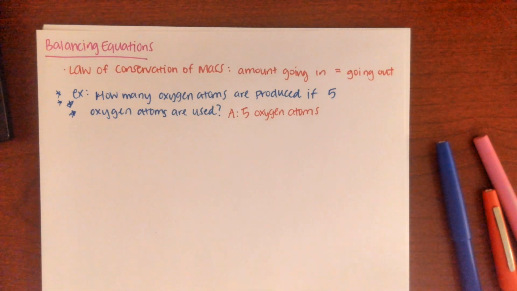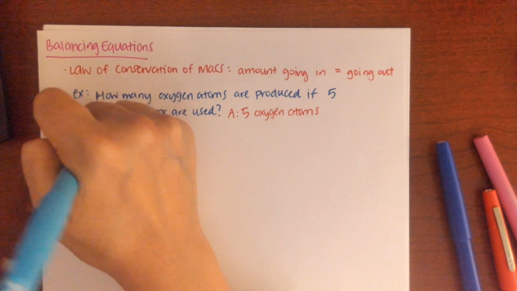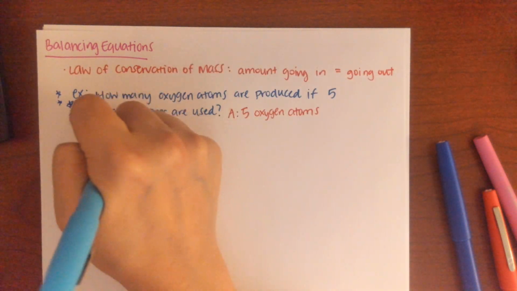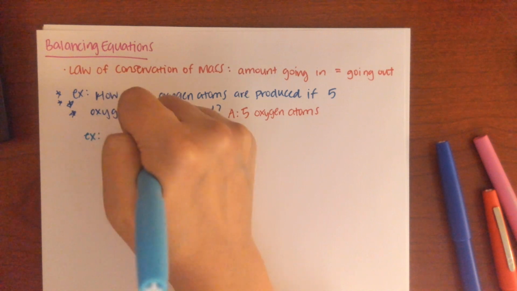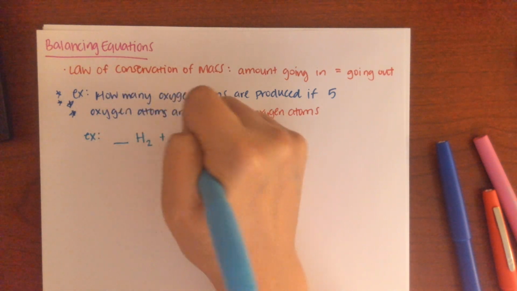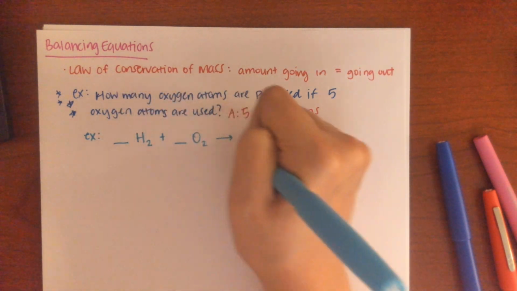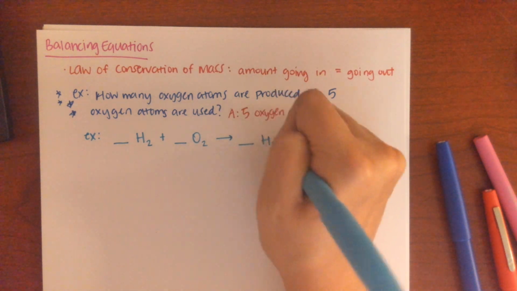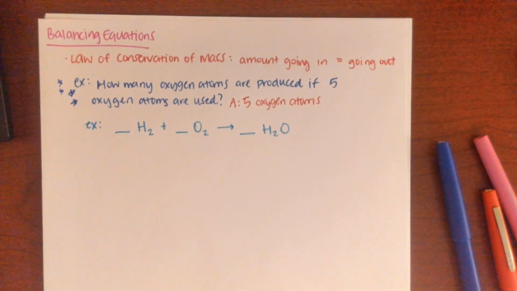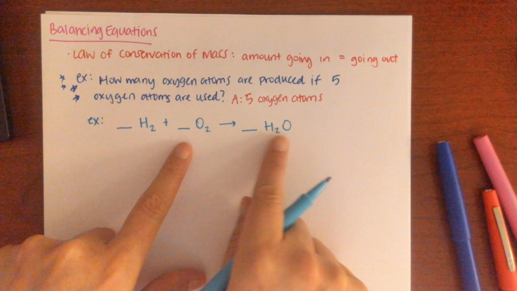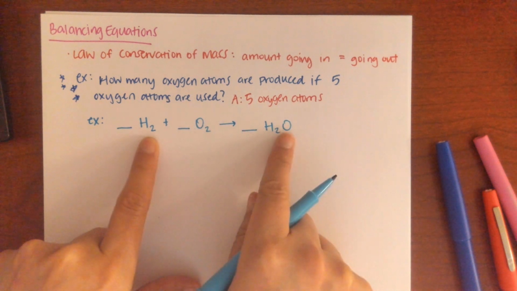Alright, so let's now get into the balancing. I'm going to do blanks where we're going to put our coefficients. When we balance, we only add coefficients. We never change the subscripts, okay?